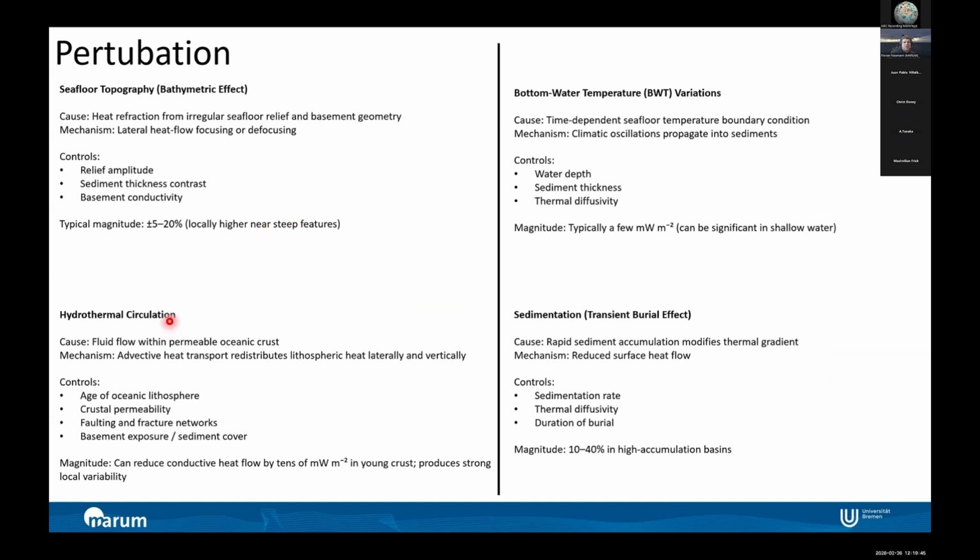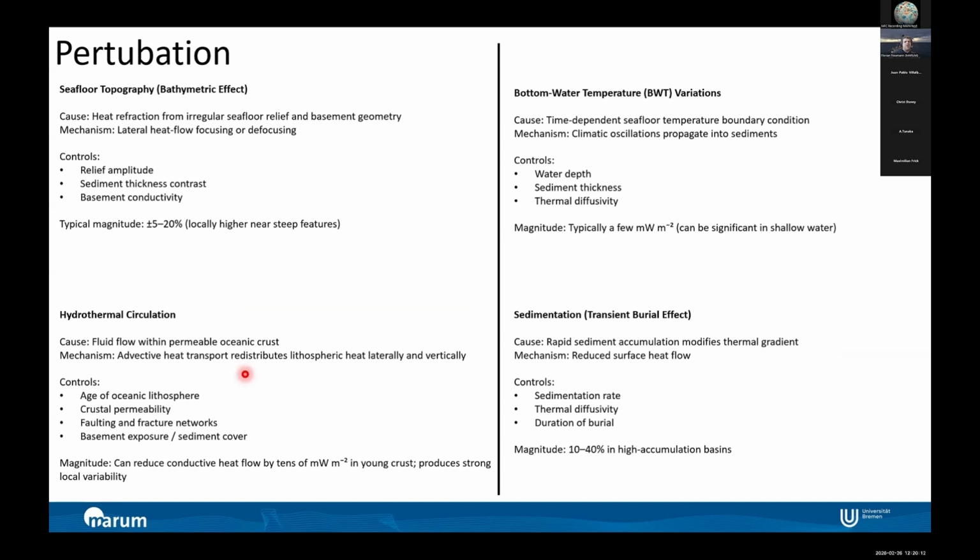and the second one would be hydrothermal circulation. This is a difficult one. There is no easy way to correct for that, because fluids take away a huge amount of heat, usually in the early ages of the oceanic lithosphere.